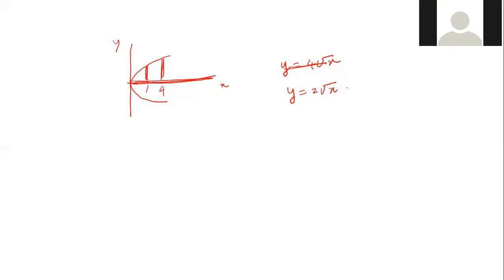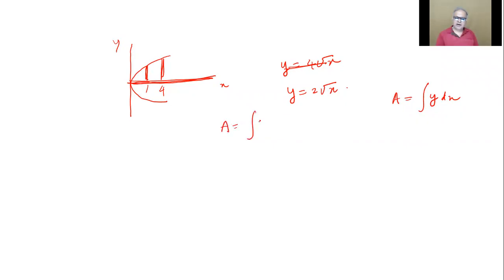Yes, sir. Straight away, area equals, you could go directly to this. Just refer back every time the formula is given. So we can do that, right? A equals, what is y? 2 root x dx from, that's all, nothing else.